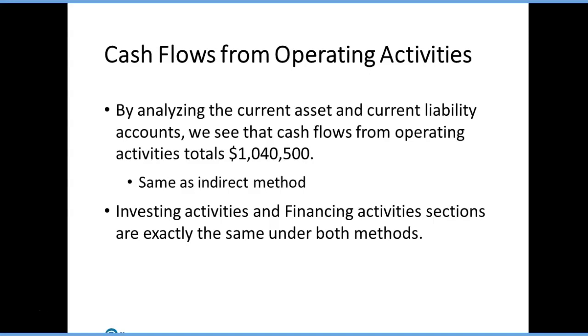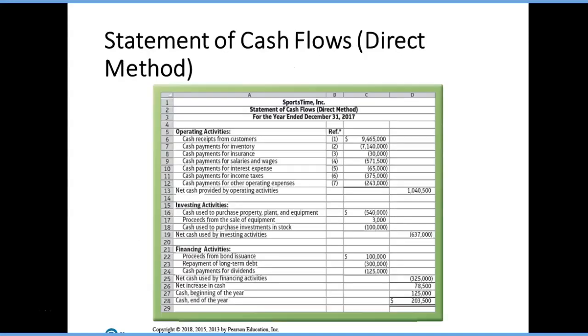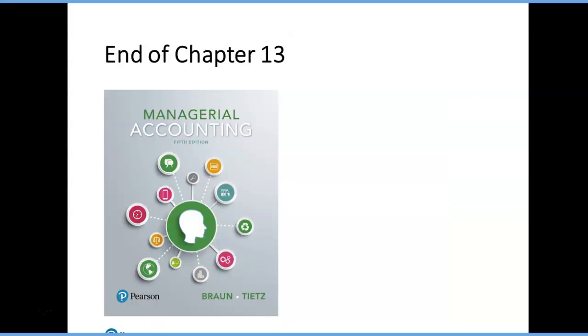There's an indirect relationship, or in some cases a direct relationship, and knowing that is quite important. When you're doing the indirect method, you're converting the accrual-based net income to operating activities. The direct method does allow you to group different categories of activities typical of an organization's profit and loss statement. So that's important to note.